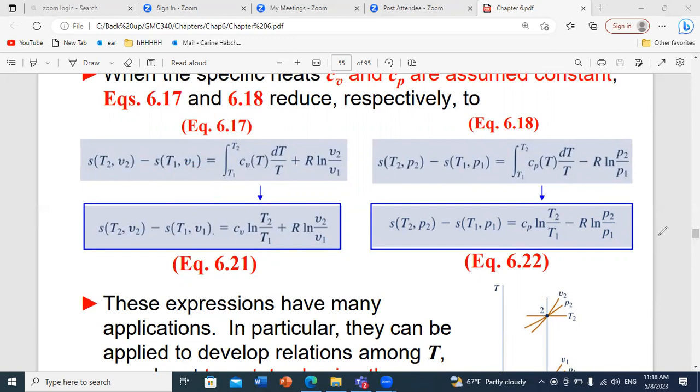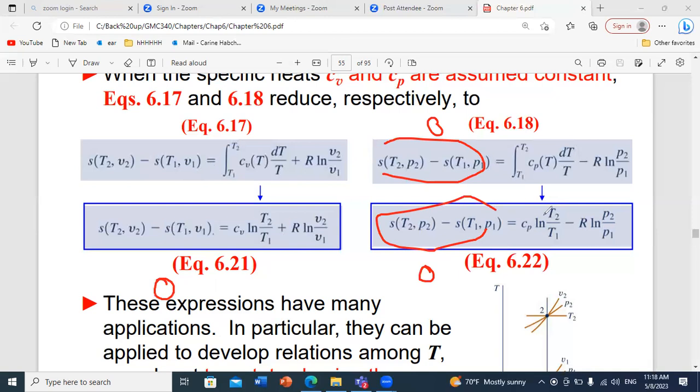Now, how can we find relations in the case of an isentropic process? If the process is isentropic, this means that delta S is 0. So this is equal to 0, and this is equal to 0. As we discussed last time, whenever you have an isentropic process, you can write the following. Let us consider Cp constant and Cv constant.